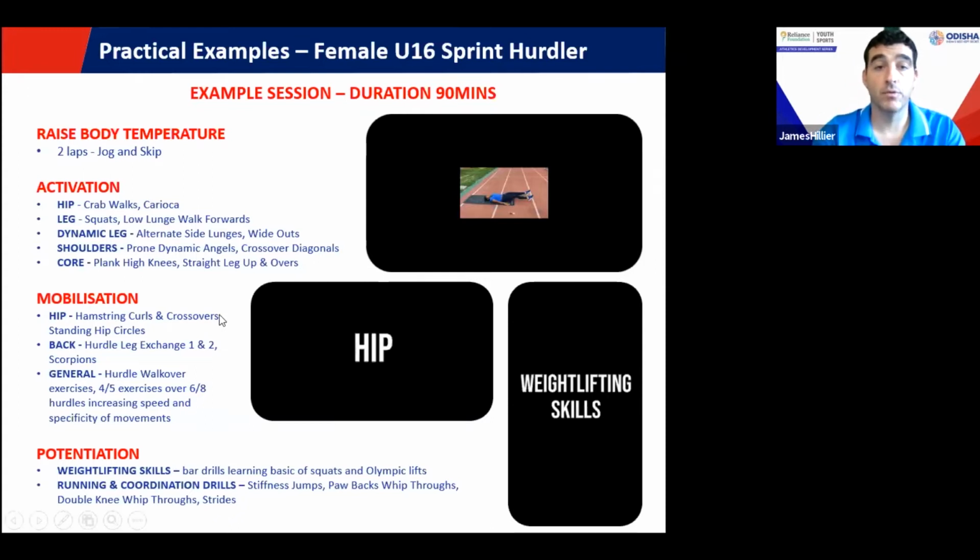So I now want to talk through the mobilization. We're going to follow the process of the hip, then the back, and then just some general hurdle mobility exercises, hurdle walkovers.